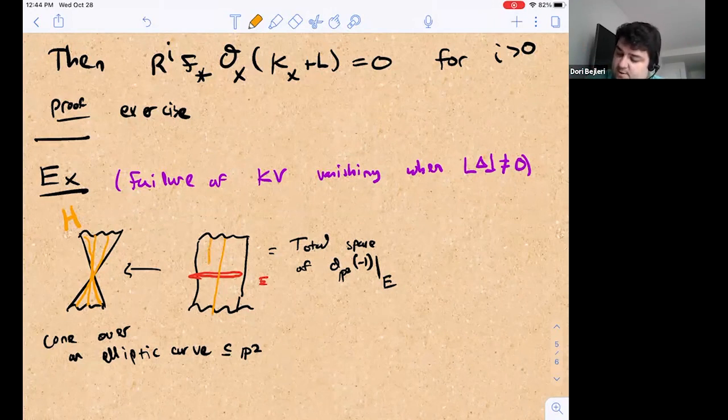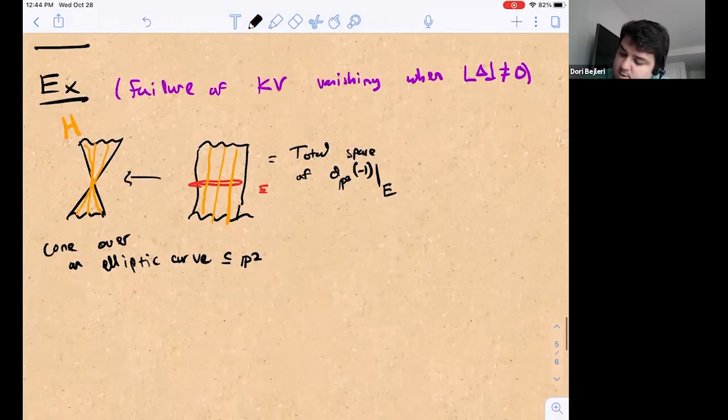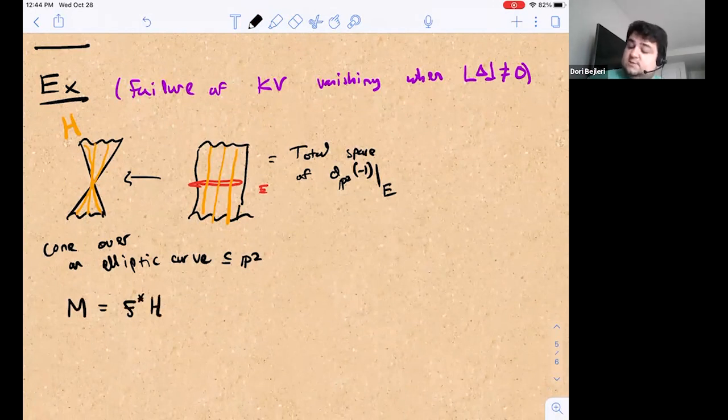And then when we go upstairs, it becomes three lines, three fibers on this bundle, plus some multiple of E. So let's let M be the pullback of H. So this is big and nef because it's the pullback of an ample.